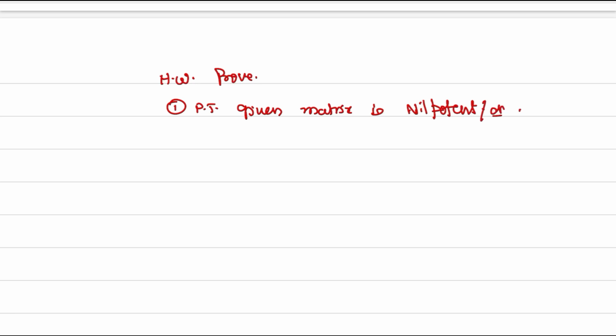Or not nilpotent. You find out whether it is nilpotent or not nilpotent and prove that. It's not that you just make a statement, prove it.